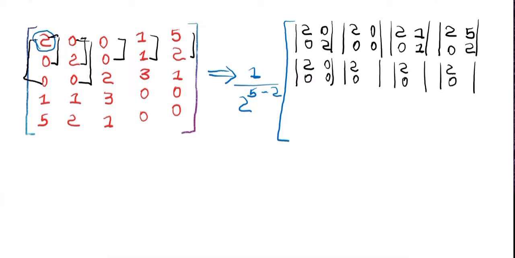Here for the first column we don't change the elements, it will be same, that is 2, 0. Only the elements in the second column will change. So for this it will be 1, 3, and for the last one it will be 5, 1.